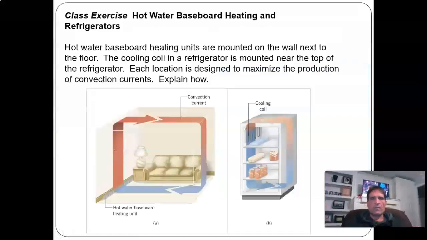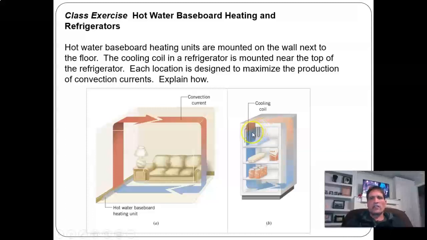Here's another example, again with baseboard heating. So here's a question to think about. These baseboard heating units usually are mounted on the wall next to the floor, okay? Whereas these cooling coils in refrigerators are typically mounted toward the top of the refrigerator.